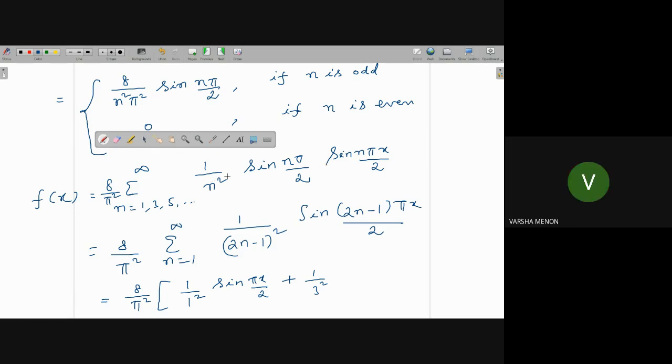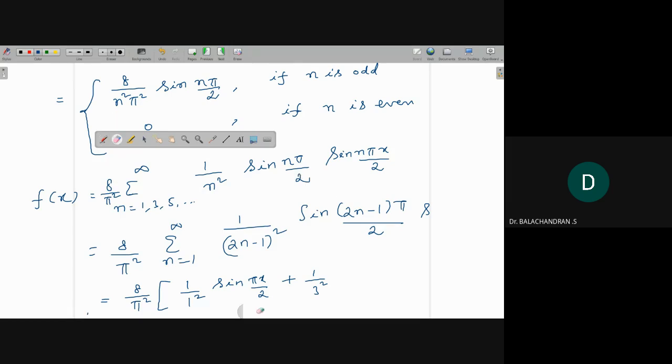Yes, sir. Okay. So now I need to change. I think I need to replace n by 2n minus 1. Here into again sine, you have two sines. Here you have n pi by 2.